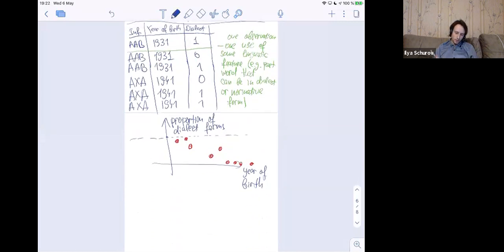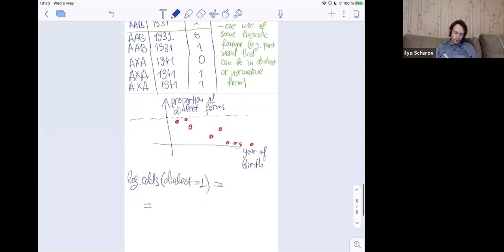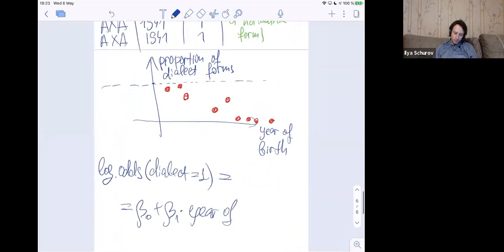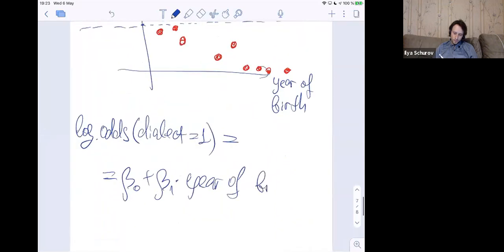So there was something like the log odds that dialect equals 1. It is something like this.